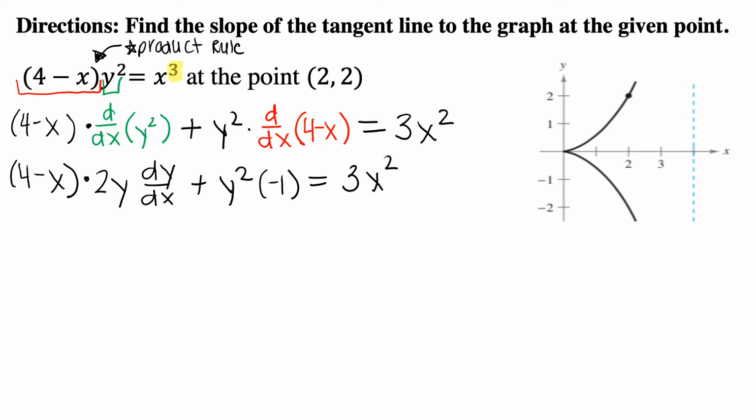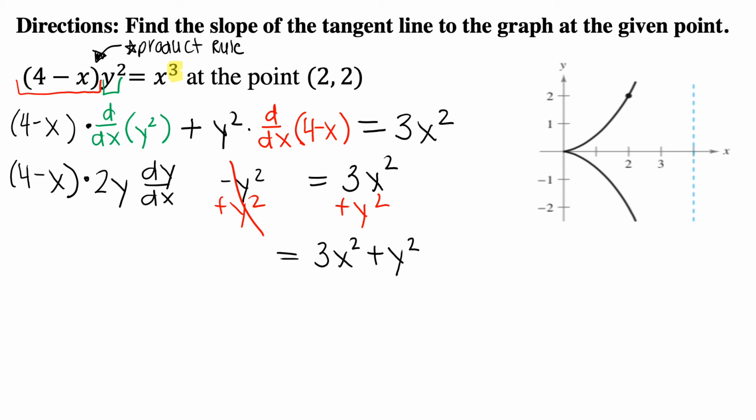From here, I'm going to first start by actually moving this y squared quantity over, and I want to think of this times negative 1 really as being a negative y squared. So in order to move it over, I can actually add y squared to both sides, which makes my right-hand side 3x squared plus y squared.